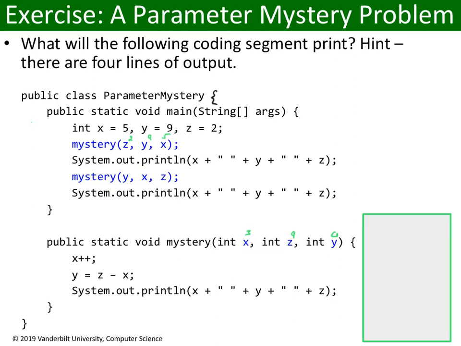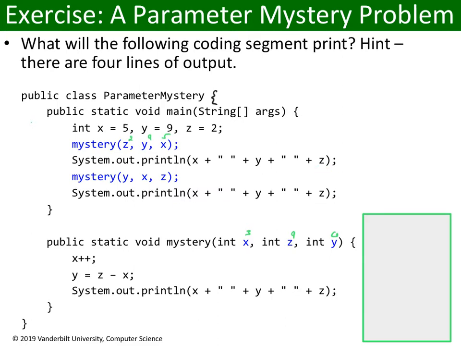So we have reached the end of the mystery method. So the program pointer will jump back to the calling statement and will then increment to the next statement. So the next statement is a print line statement, and it will print x, y, and z. So this will print 5, 9, and 2.